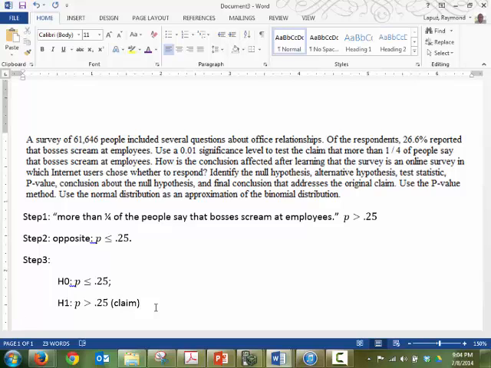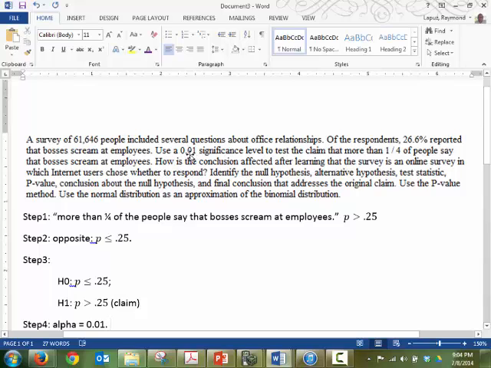All right. What's step 4? So the significance level is alpha. And what is the significance level in this case? If it's not given to us, we're going to assume it's 0.05. But if it is given to us, make sure you use the one that they give you.